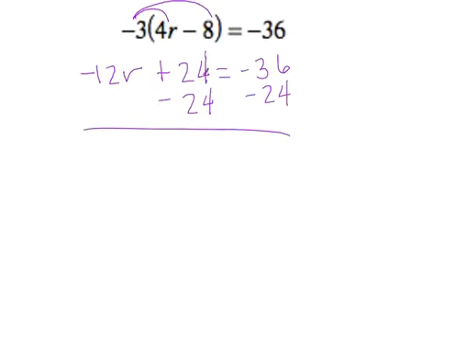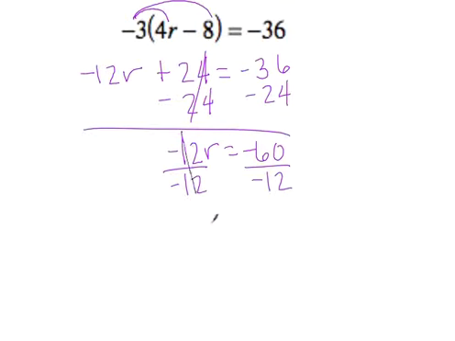When I do that, the 24's cancel, and on the left side I have negative 12r, and on the right side I would have negative 60. Then I would divide by negative 12, because remember my third step is to solve for my variable. When I do that, my negative 12's will cancel, and I'll get r equals 5.